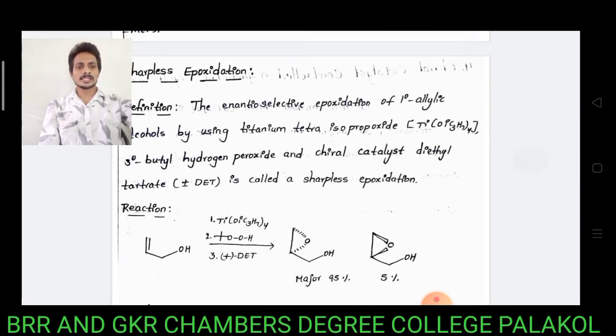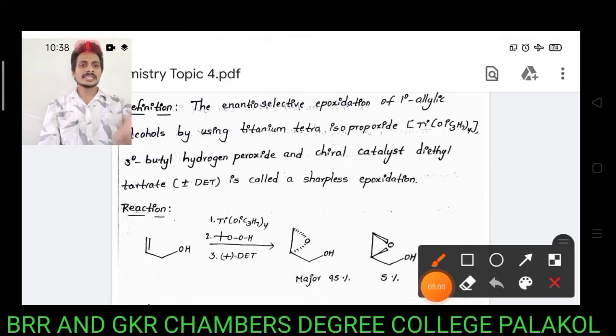I repeat once again: the enantioselective epoxidation of primary allylic alcohols by using titanium tetraisopropoxide, tertiary butyl hydrogen peroxide, and chiral diethyl tartrate is called Sharpless epoxidation.